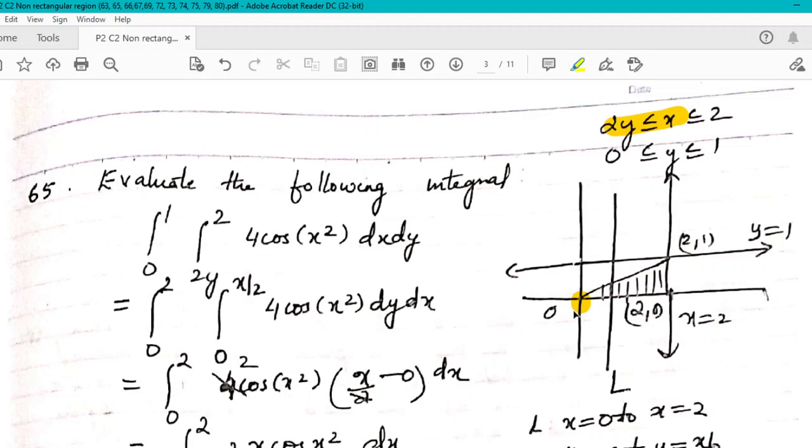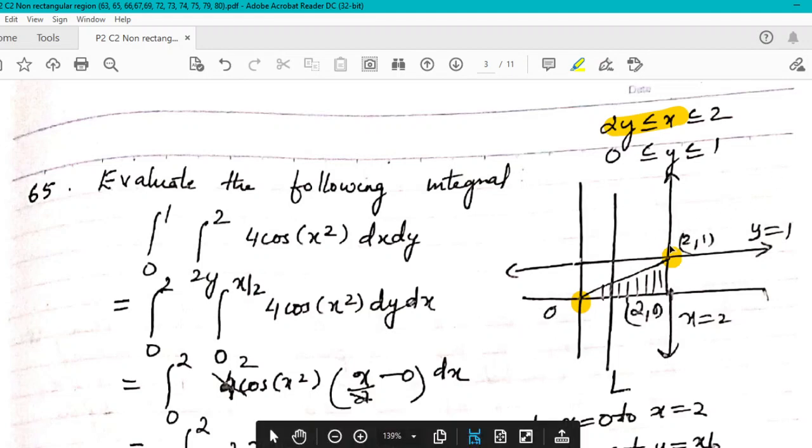If you put x equal to 0, you get y equal to 0. Similarly, if you put x equal to 2, you get y equal to 1. So this is the line. Joining these 2 points, we get 2y equal to x.